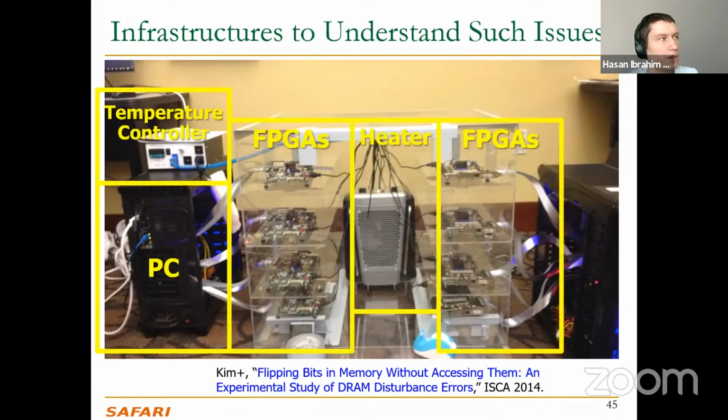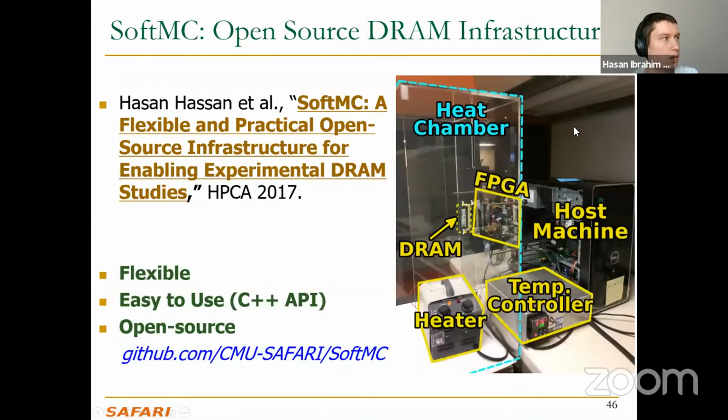Here we have the FPGAs, the heater marked, the host machine, and the temperature controller. This is another picture that looks similar to the previous one, but here we have only one setup. The same components, and again we have a heat chamber here. In this slide, I wanted to mention SoftMC.